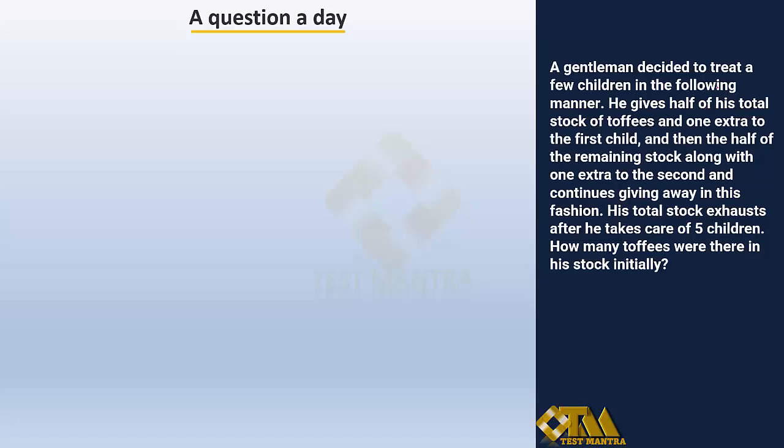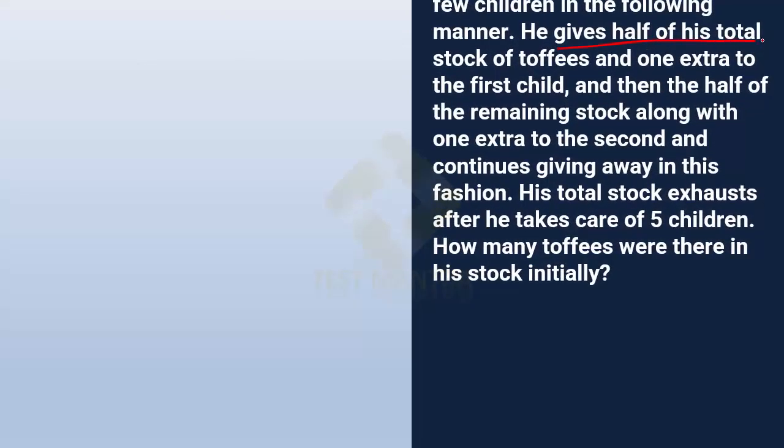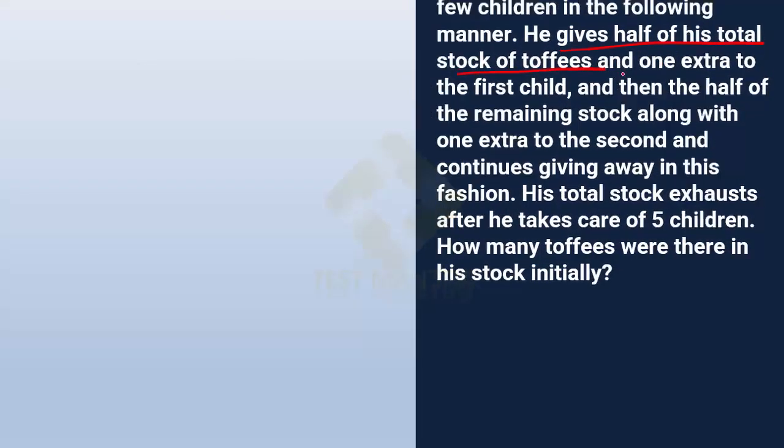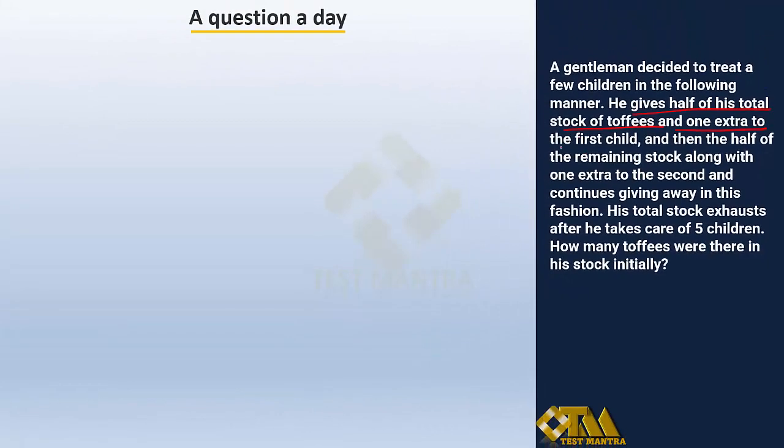A gentleman decided to treat a few children in the following manner. He gives half of his total stock of toffees and one extra to the first child. That means now if he'll identify, suppose he has 2n chocolates, so he has given n plus 1 chocolate to a person and he is left with n minus 1 chocolate.